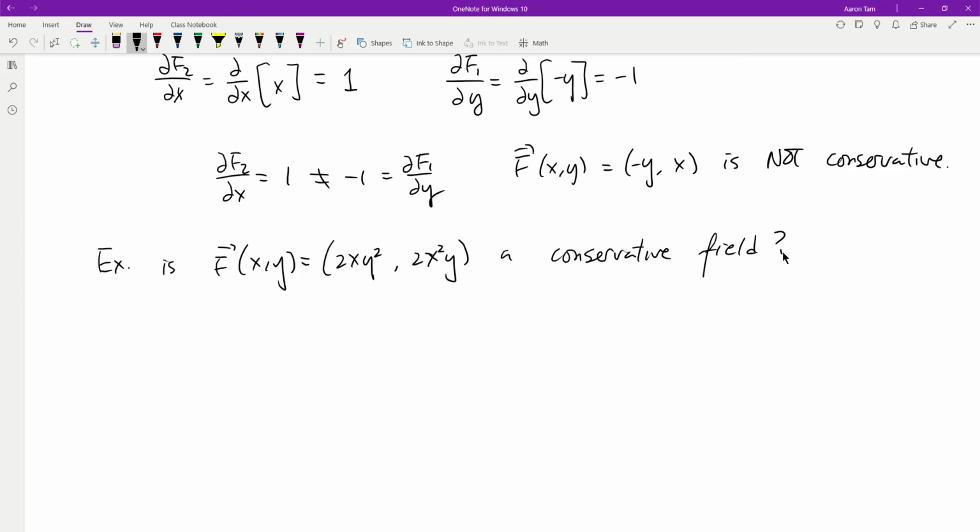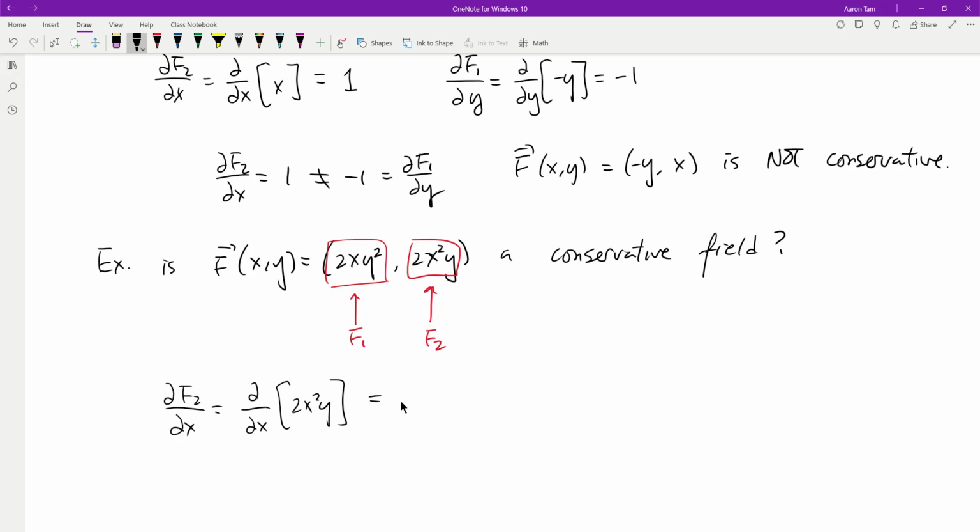So once again, this is my f1. This is my f2. So let's go for it. So df2 over dx would equal d over dx of 2x squared y, which comes out to be 4xy.